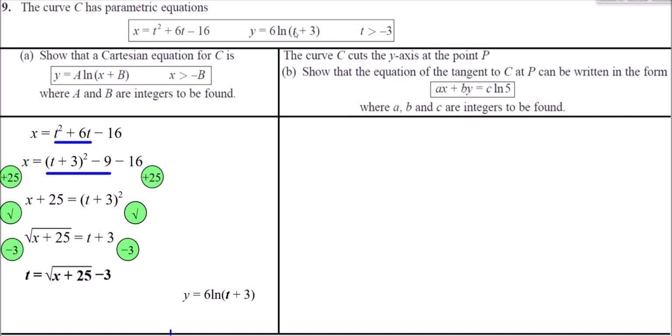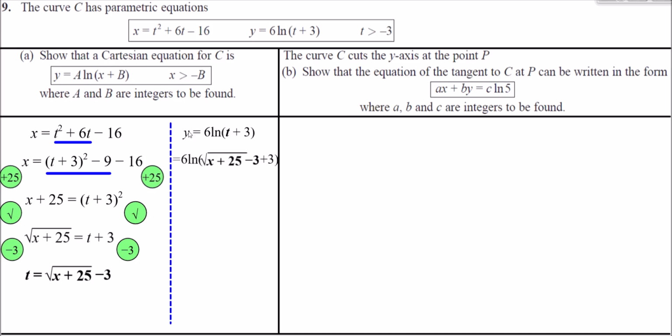So therefore, y in terms of x: y used to be 6 ln t plus 3. I say used to be, it is. I'm just going to change how it looks. If I input what t is in terms of x, y must be 6 ln root x plus 25 minus 3, plus 3 as well. Minus 3 plus 3 will cancel. So I've just got 6 ln of the root of x plus 25. The square root of something is the same as that thing to the power of 1/2.